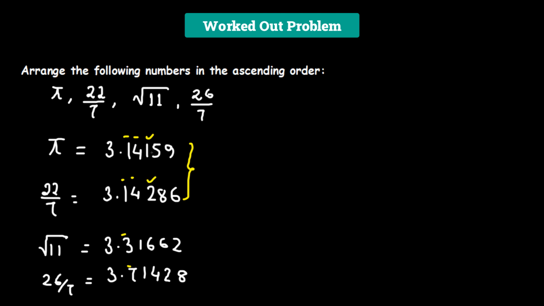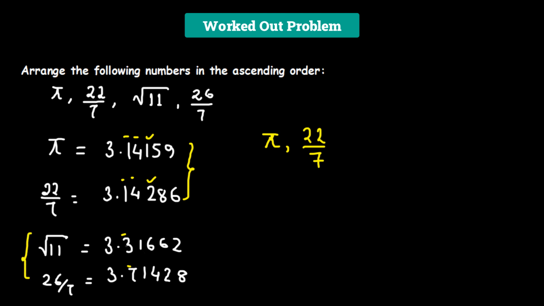We know that 1 is less than 2, so pi will come first, followed by 22/7. Now we know that the 3rd number and the 4th number are going to be greater than these 2 numbers. So now the task is to determine which of these 2 is the lesser.